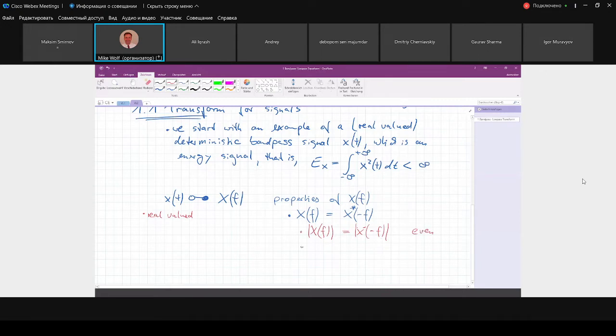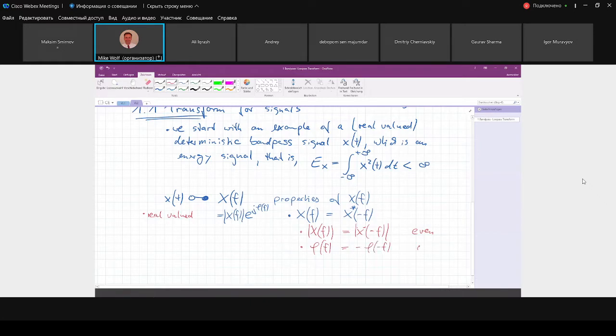Could also say that if I take a look at the phase of this spectrum, I can write this as X of f magnitude e to the power of j phi of f. And of course, this phi of f, on the right-hand side of the frequencies, is minus phi of minus f.